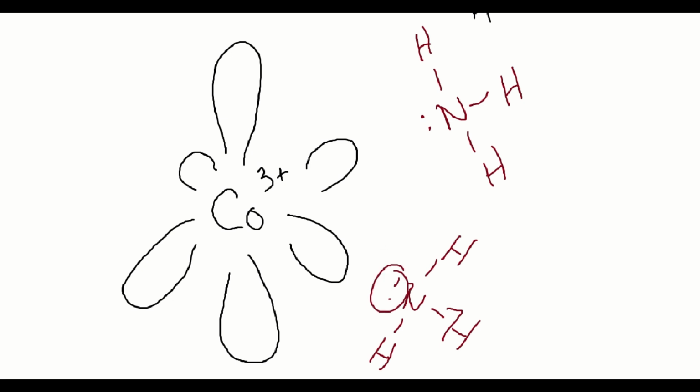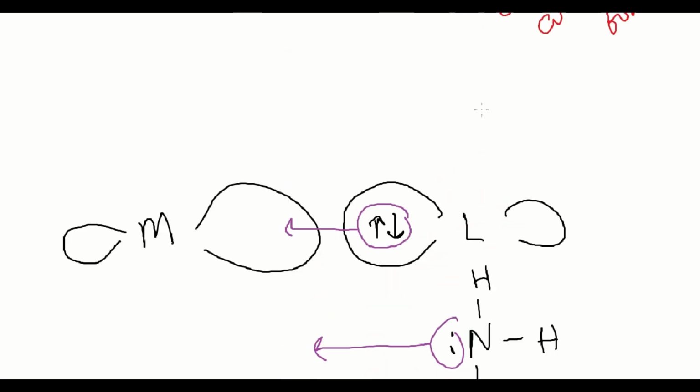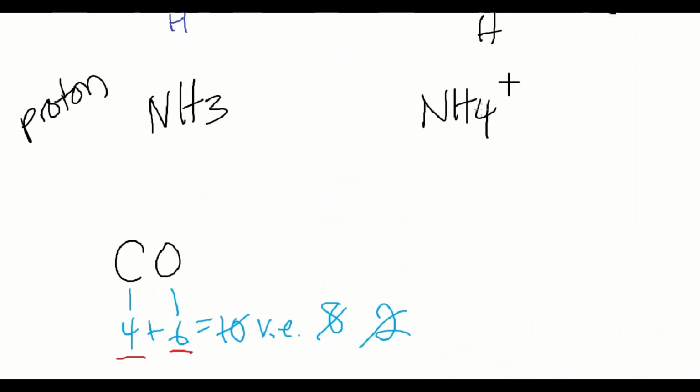So that can contribute to making a bond, and that can contribute to making a bond, and you'll end up with 6 of these. And so these are complex ions when we get to it. But the point here is, again, showing you that when one atom contributes both of the electrons to form a bond, we call that a coordinate covalent bond.